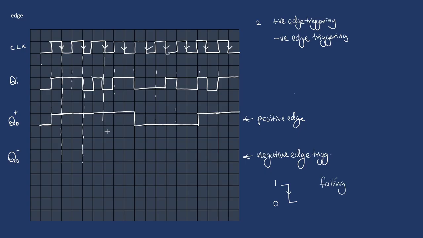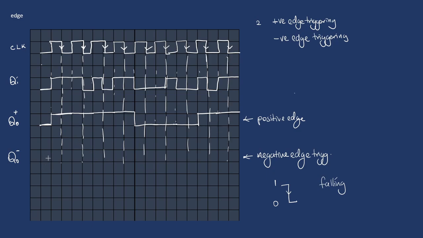Okay, this comes down this way, this comes down this way, this falls. 1, 2, 1, 2, falling signals, just so we prevent ourselves from making errors as we draw a timing diagram.